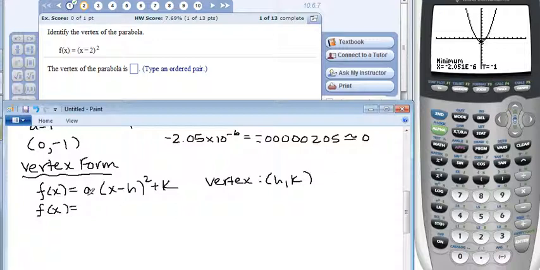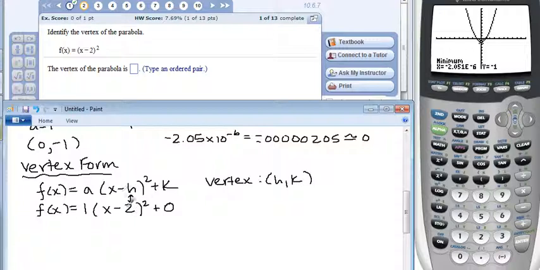My a on my problem up in here, I don't have a number in front. So that's going to be a 1. Not that that matters. Then I have x minus 2 squared, and then I'm adding 0, right? Because I don't have anything past here. So if I were to insert things in there so it matched it exactly, I could really see what my vertex is.